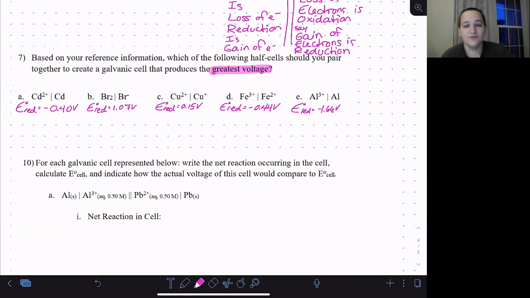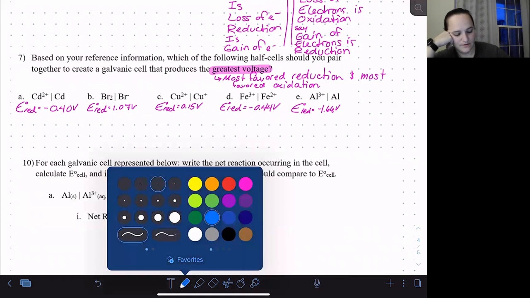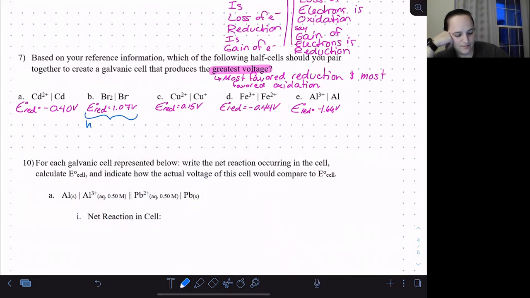So the most favored reduction is going to be the highest reduction potential, which is option B here.